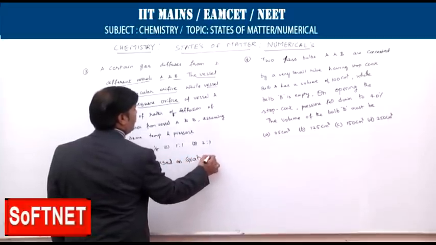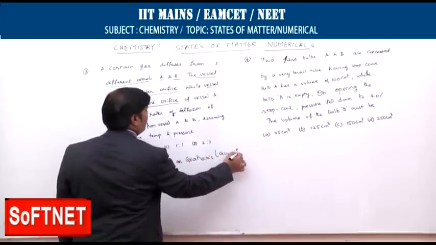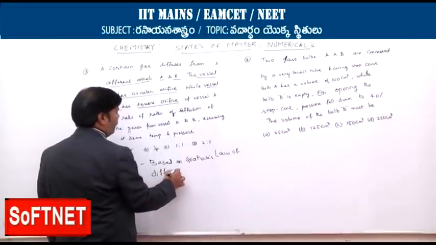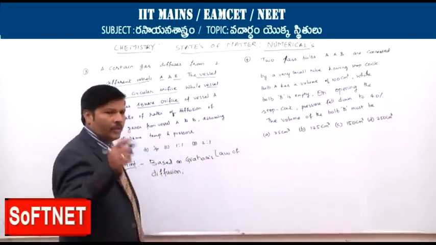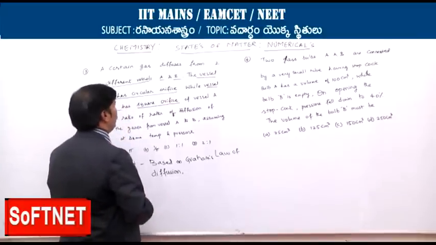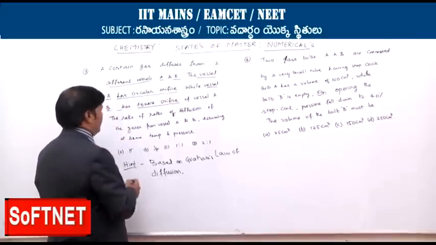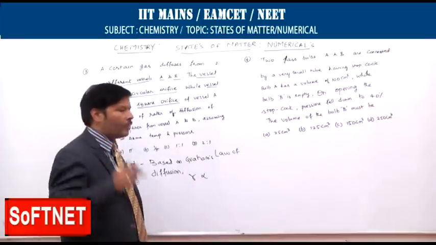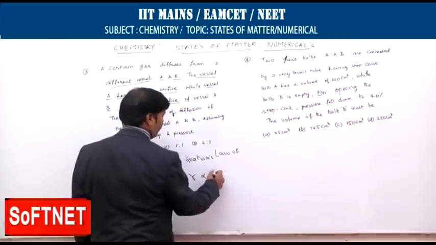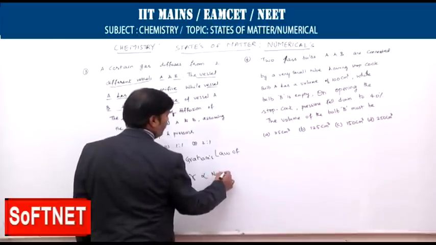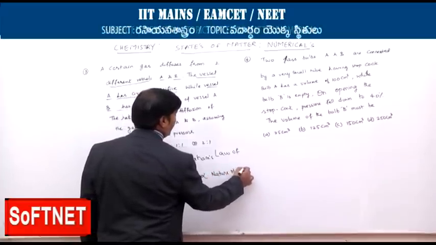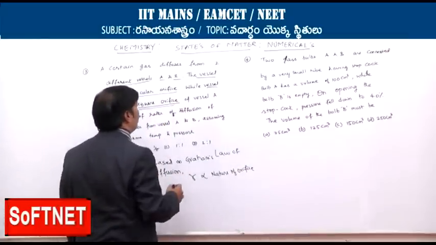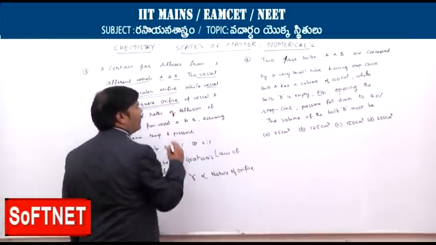Based on the Graham's law of diffusion, we have rate of diffusion is directly proportional to the shape of the orifice, nature of orifice. What is orifice here? In one case we are saying square orifice and in another case we are saying circular orifice.